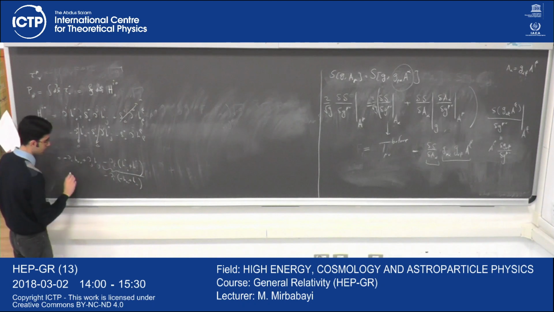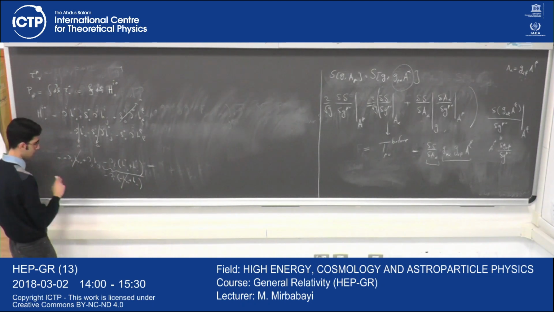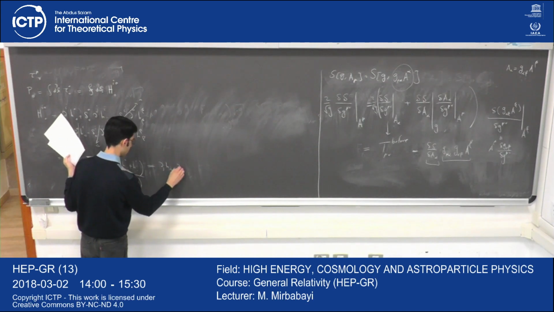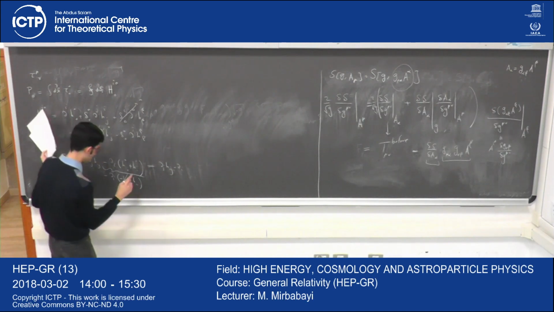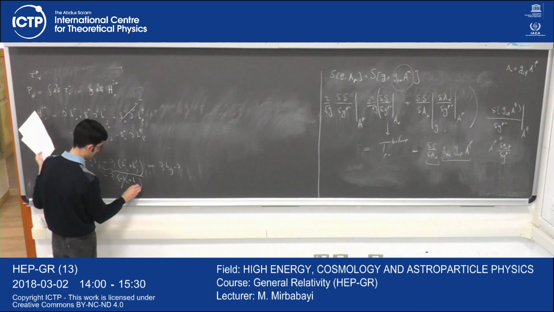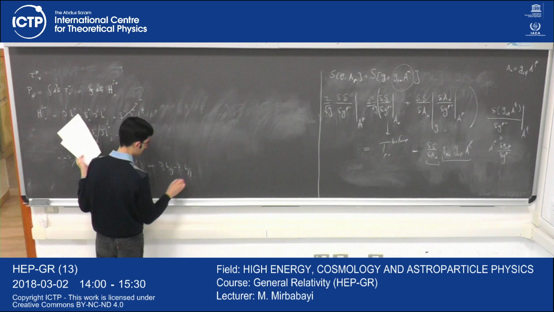This then is equal to that. Therefore, this cancels with that. What I get is dj of hij minus di of hjj. Oh, sorry, j is j.